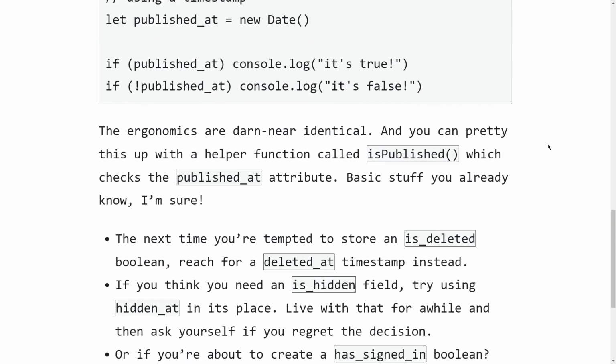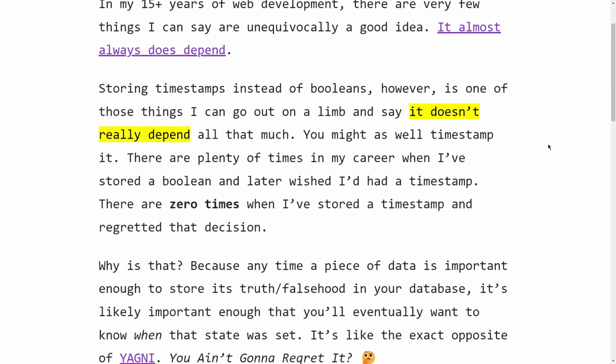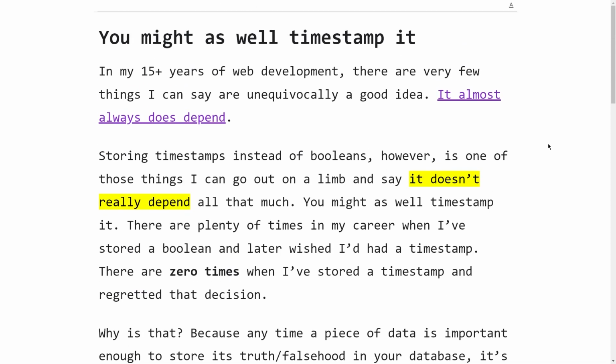Okay, the article is complete. I'm quite confident you will agree with what is written in it. The only thing I will add here is that on a database it's quite more expensive using the timestamp, and expensive not only in terms of space and performance.